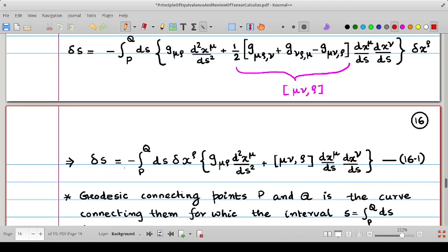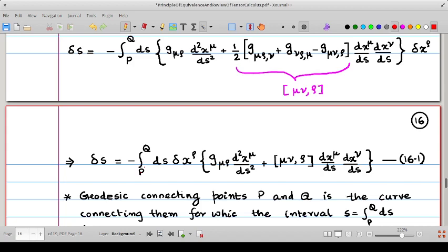So the variation in the interval as we move along this chosen path from P to Q and make a coordinate change, keeping the initial point and the final point fixed. So when we make this coordinate change, we will also be altering the path.